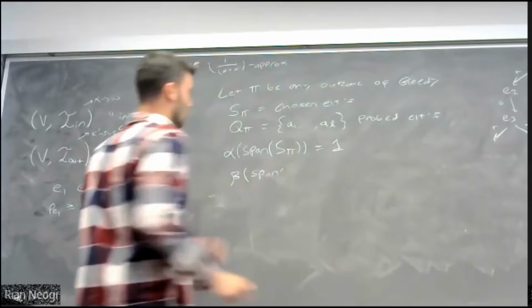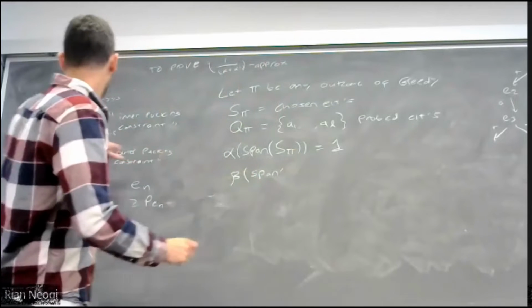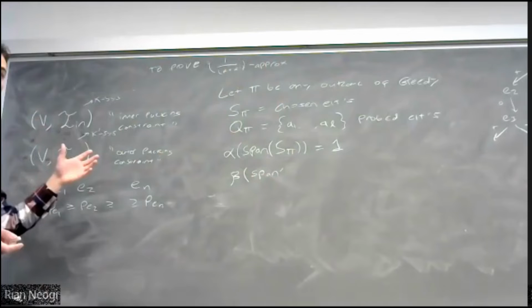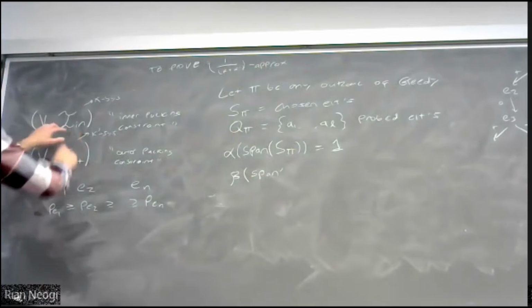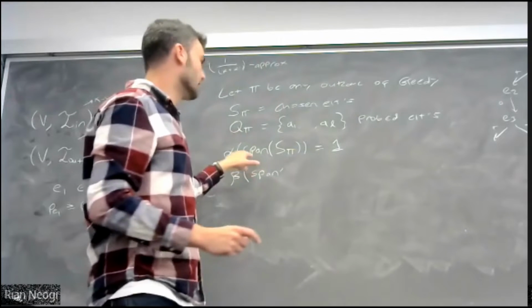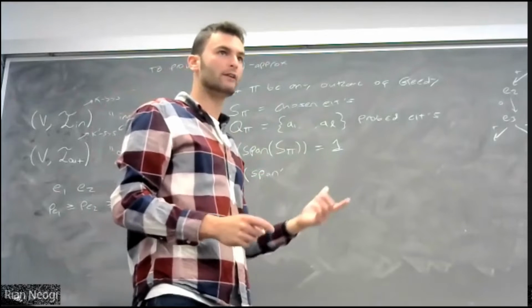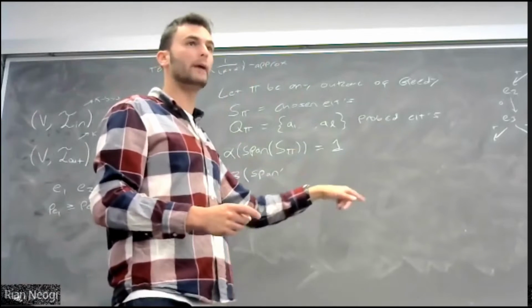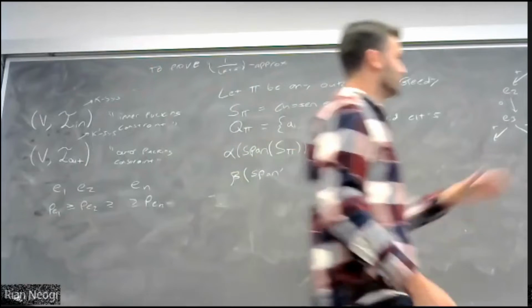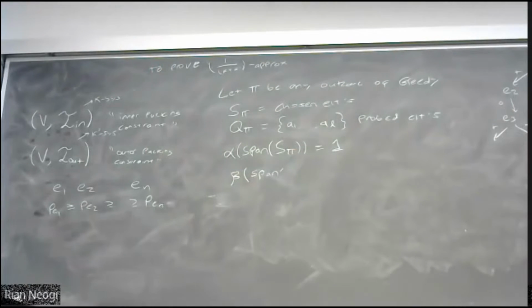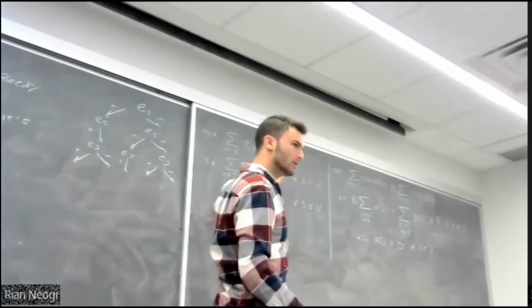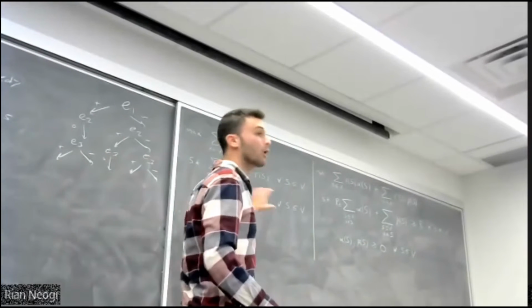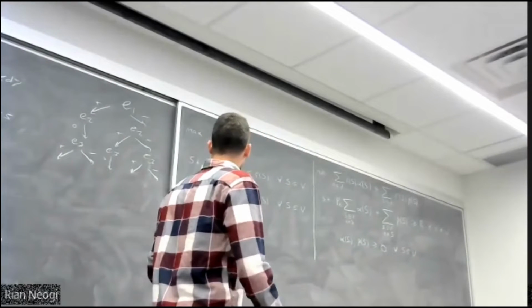And then beta of the span prime. So it's worth mentioning now, we have these two constraints going on. When I refer to the inner constraint, I'll be using span and R for the rank function. When I refer to the outer constraints, I'll be using span prime and R prime. If you think of these constraints, this would be for the inner packing constraints, and this would be for the outer packing constraints.